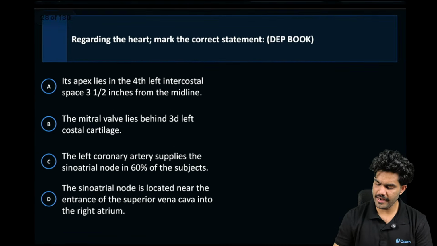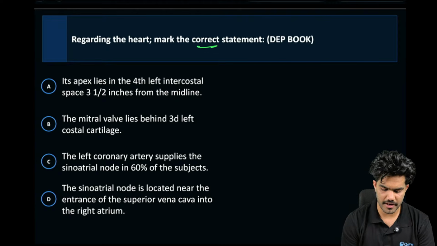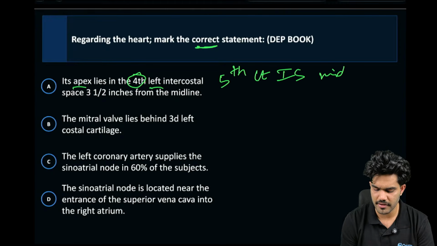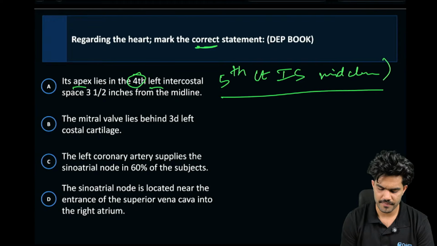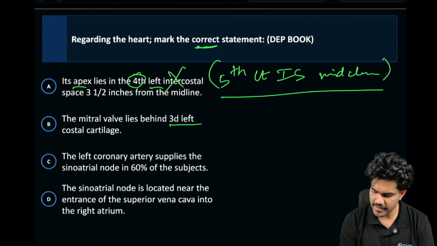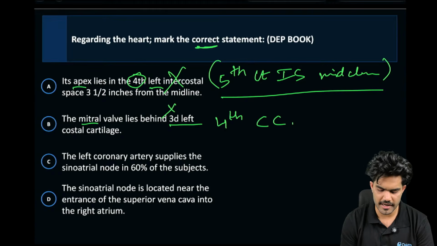Let's see regarding heart. Regarding the heart, mark the correct statement. Its apex lies in the 4th left intercostal space. No. It lies how much? 5th left intercostal space, mid-clavicular line. Okay. Focus. The mitral valve lies behind 3rd left. No. Mitral valve lies at 4th costal cartilage.